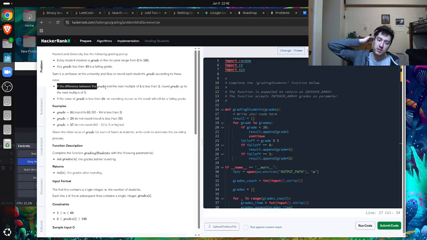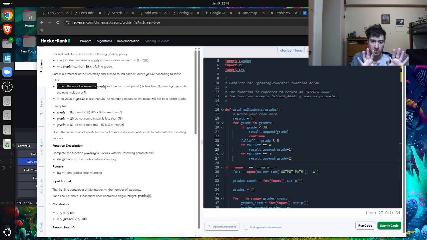So obviously I can look at the test cases, but I'm trying not to do this. I'm trying to make sure that I am looking at the reading comprehension part. So if the difference between the grade and the next multiple of 5 is less than 3, but not inclusive.